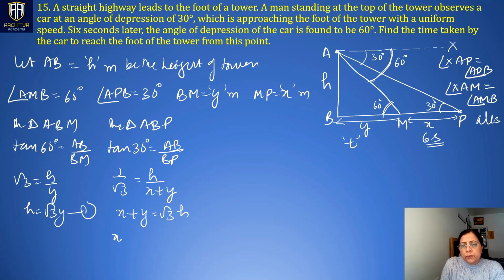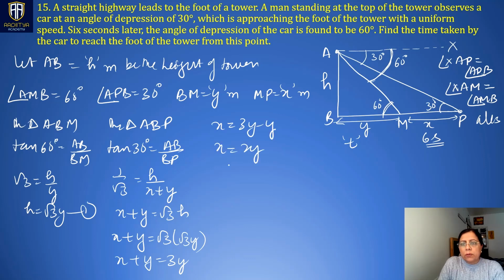So x plus y is equal to root 3 times h, and h itself is root 3y. So we can write x plus y is equal to 3y. So x is equal to 3y minus y. So we have x is equal to 2y. The relationship between these two horizontal distances is this: x is equal to 2y.